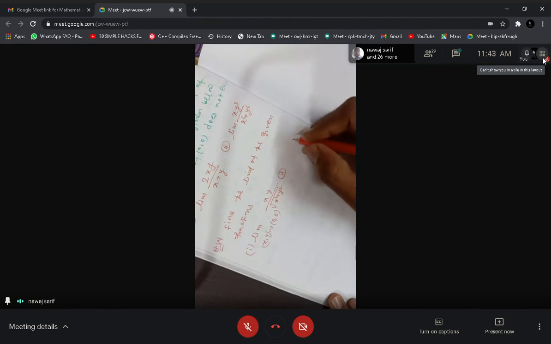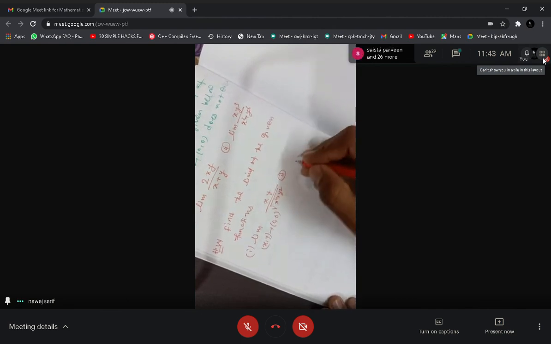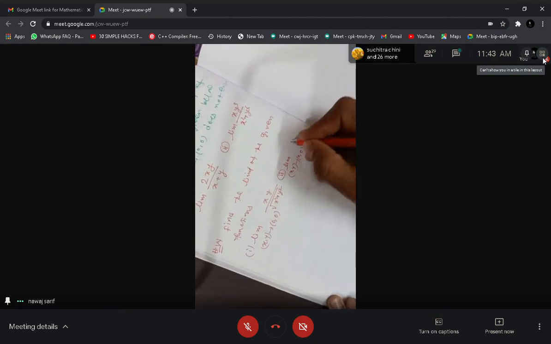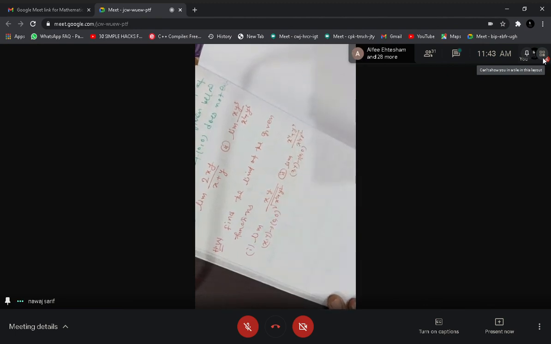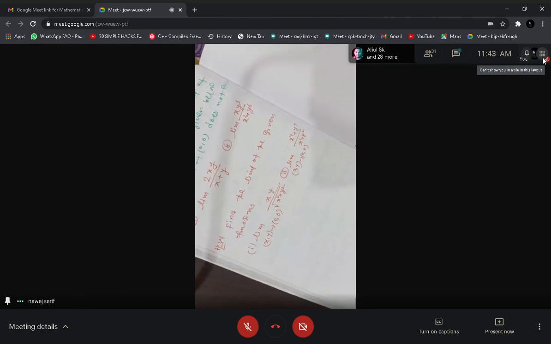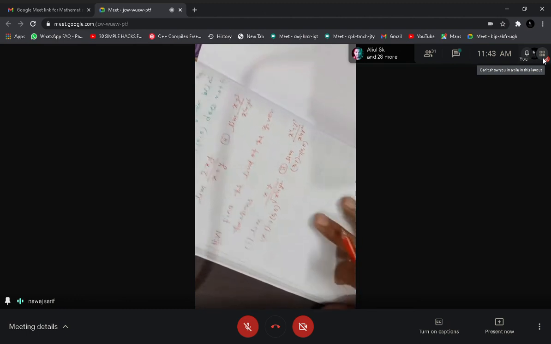Number 2, limit as (x,y) tends to (0,0) of x to the power 4 plus y to the power 4 divided by x square plus y square. Just try to find the limit of these functions.